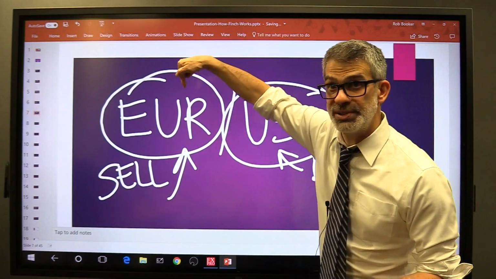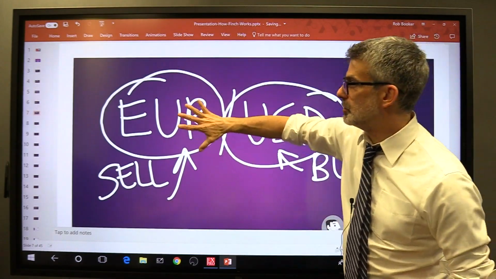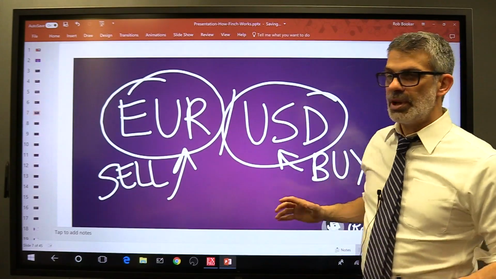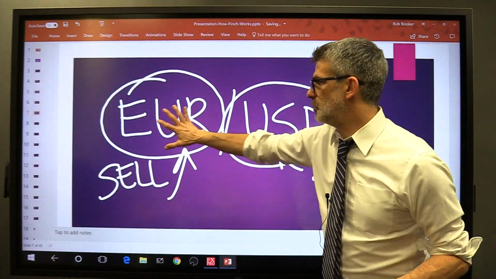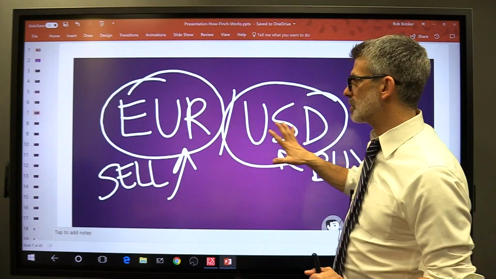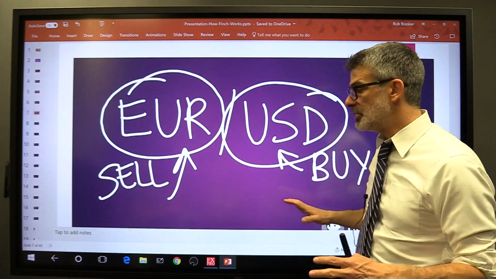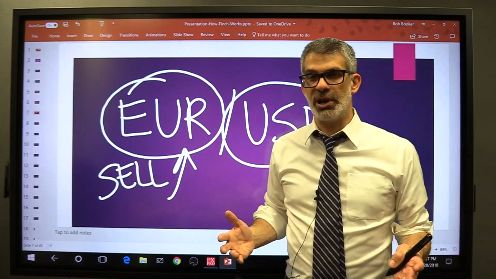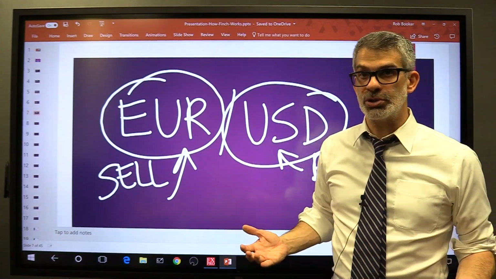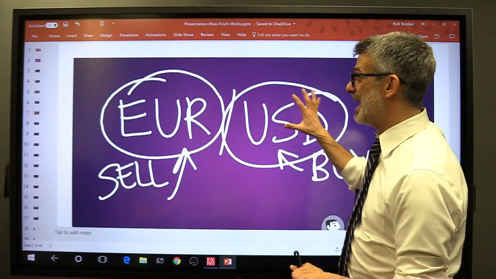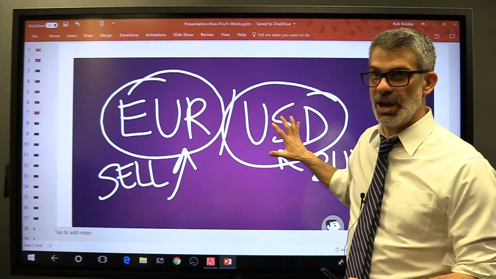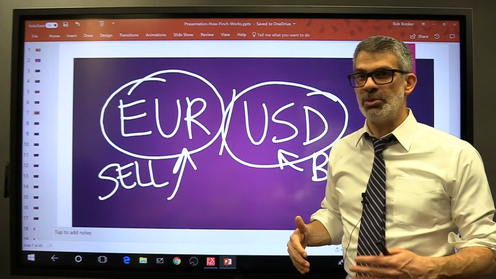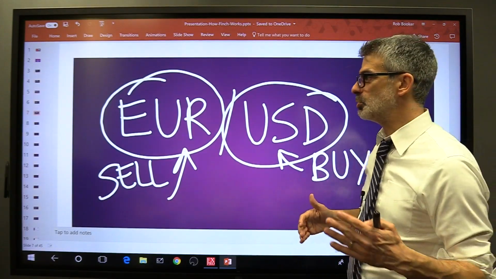As the euro US dollar falls, the euro is weakening and the dollar is strengthening. In other words, this is always a competition between two currencies, one that's stronger, one that's weaker. And there's always going to be an ongoing war between those two. And all currency trading is a short-term or long-term bet that a currency pair, or one against the other, is either going to rise or fall over a short period of time or over a longer period of time.